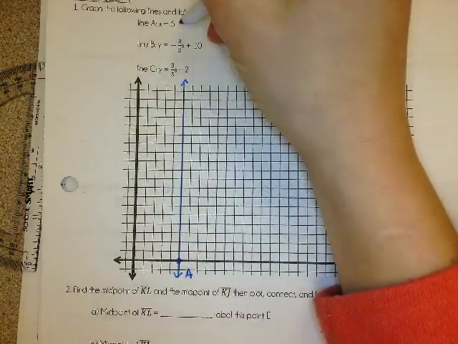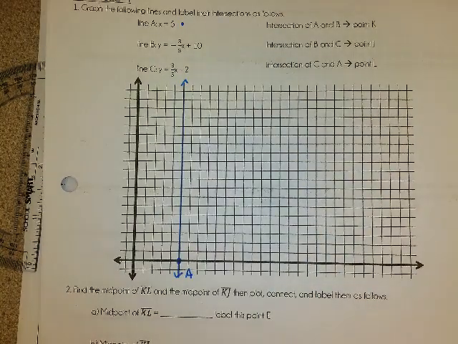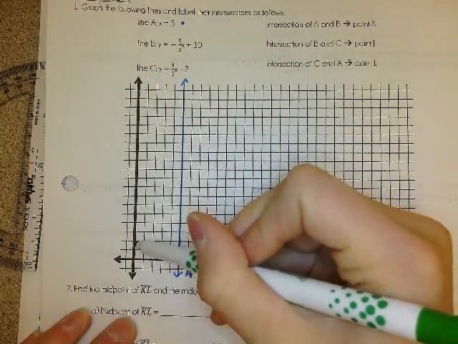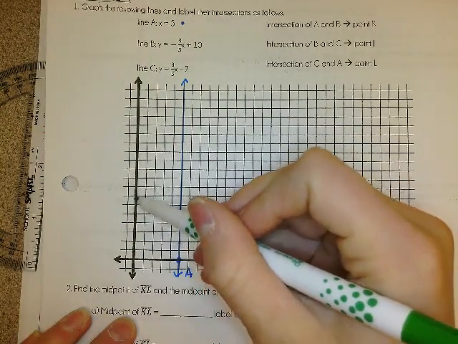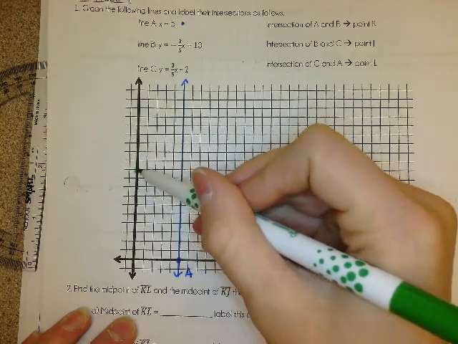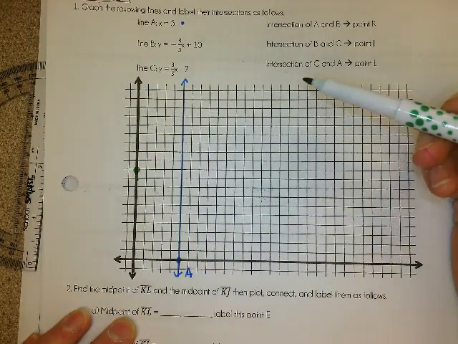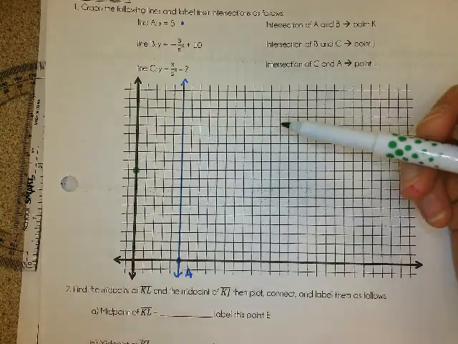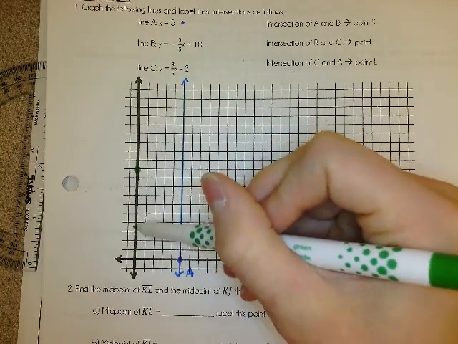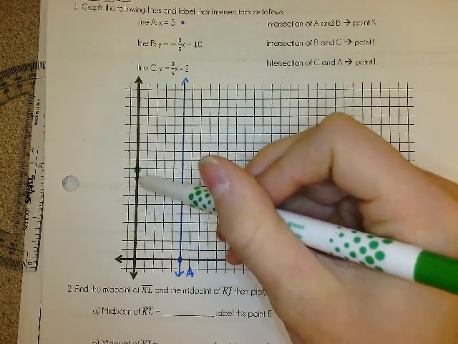So I graphed that one in blue. Okay, line B is start at 10. 1, 2, 3, 4, 5, 6, 7, 8, 9, 10. And then my slope is down 3, right 5. So let me make sure. Yeah.